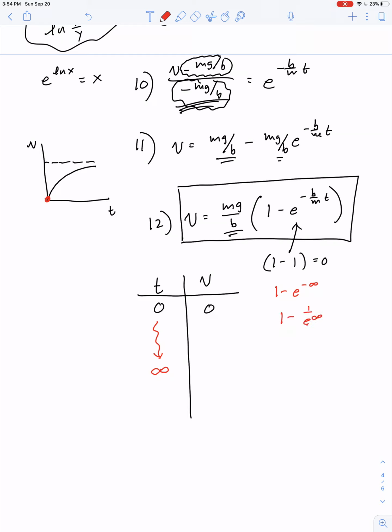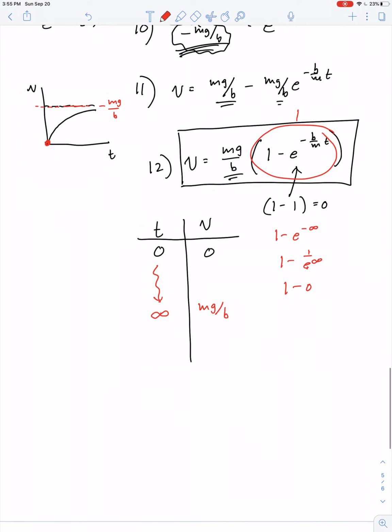Well, e to some very large value is itself a very large value, and 1 over a large value is basically 0. And so this whole expression is just equal to 1. And so the velocity is equal to mg over b. So that's the value of this asymptote, mg over b.